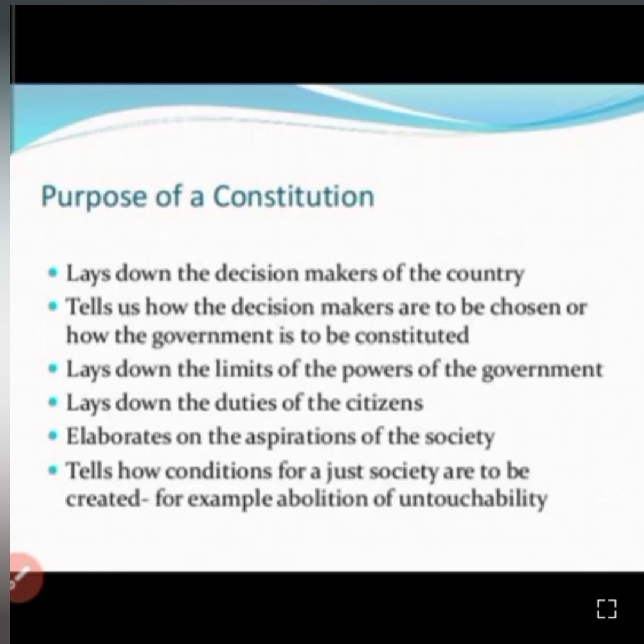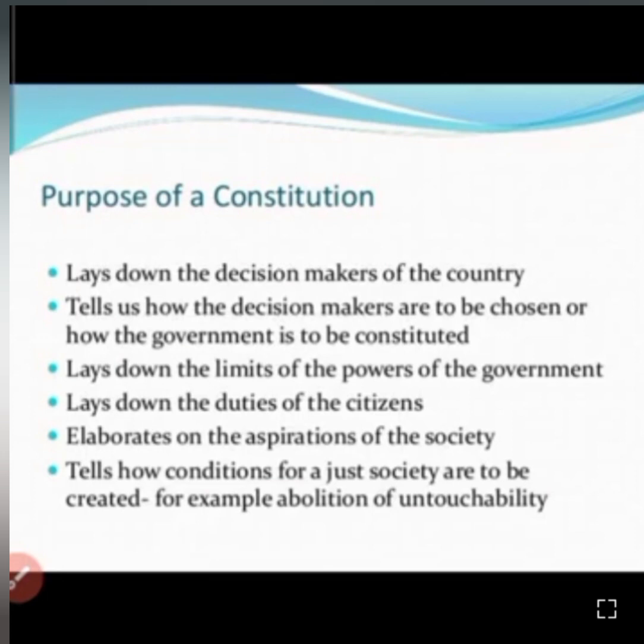It also prevents the government from becoming autocratic because the functions of the government and the limitations of the government are all clearly written down in the Constitution, and the government cannot work beyond that limitation. Is it clear?